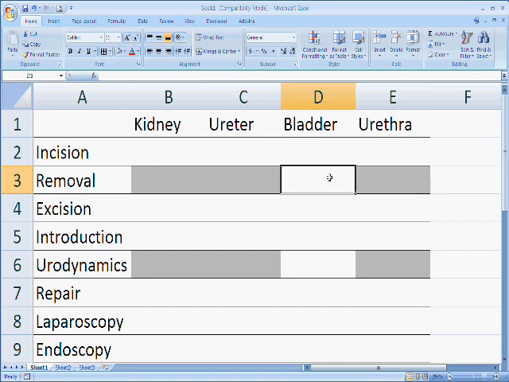Then repair and laparoscopy codes, endoscopy codes, transurethral surgery. Keep in mind that trans means across, so you're going across the urethra. Vesicle neck and prostate, which surprised me, aren't in the male genitourinary section, but they're here.